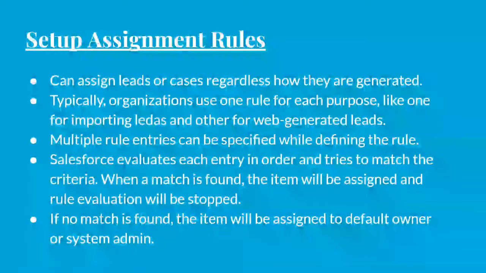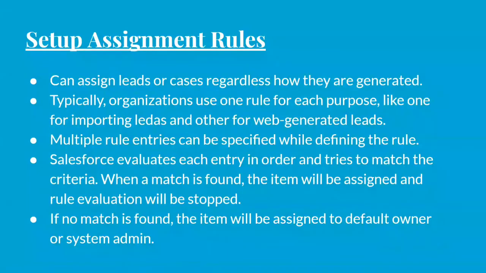And what Salesforce does is evaluate each entry in order and try to match the criteria. Suppose you have defined that if the lead is from the north region, it should go to the north sales team. If the lead is coming from the south region, it should go to the south sales team.